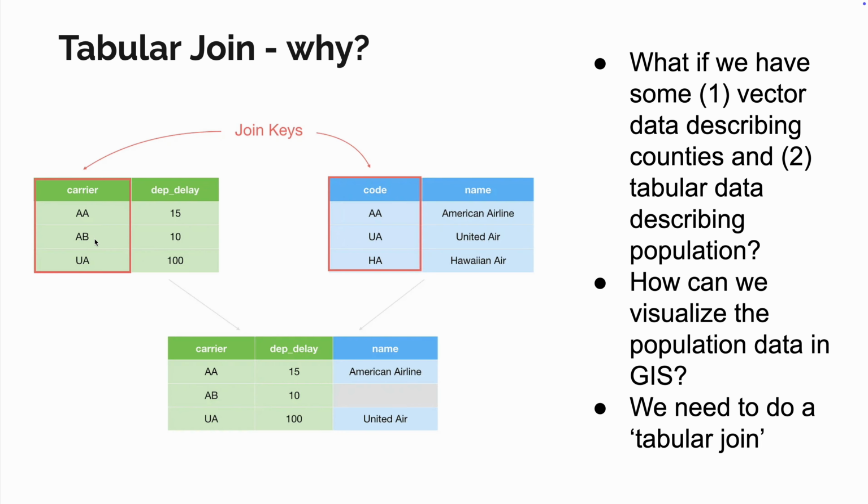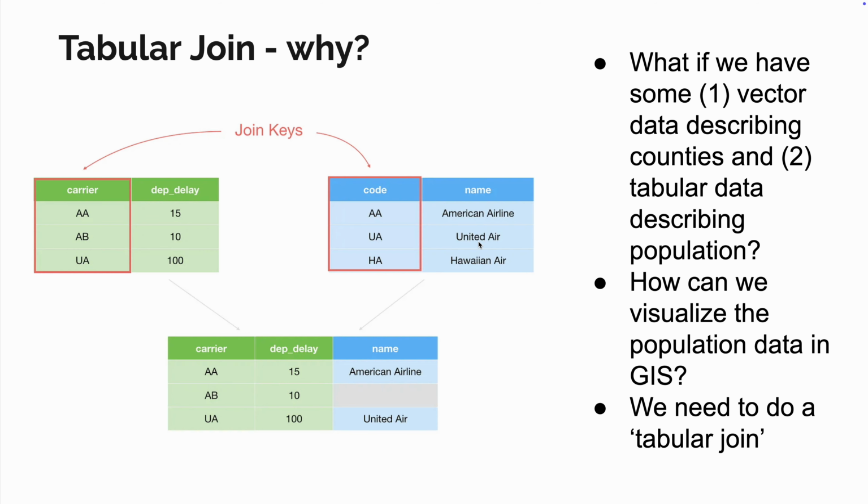Now, for the row with AB that says AB is the carrier, for which there is no corresponding row in code, that gets written to the output, but the name column is blank since that doesn't exist here. And finally, the carrier called UA does exist in this other table, so we can write that as a new row to the database.